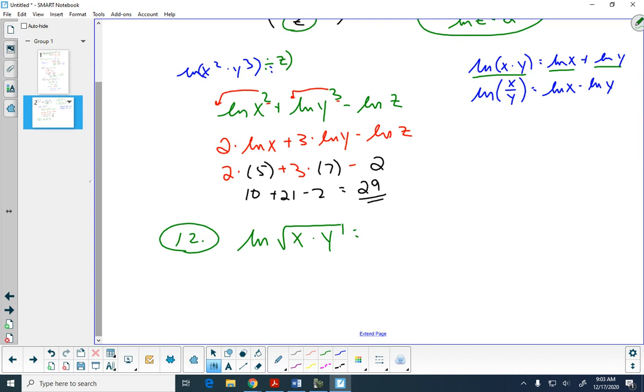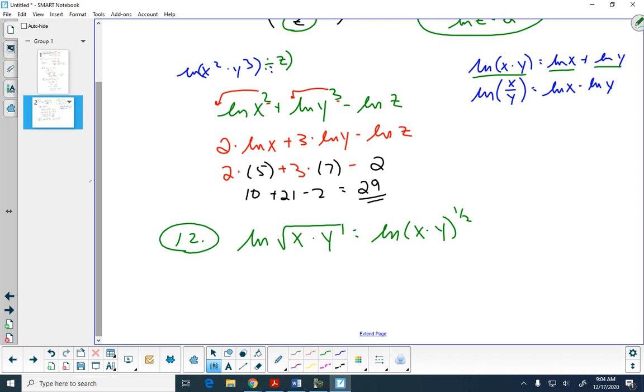What's your exponent for the square root? You have a square root. What is our exponent for that? Angelique? 1/2. So we have ln of x times y to the 1/2 power.